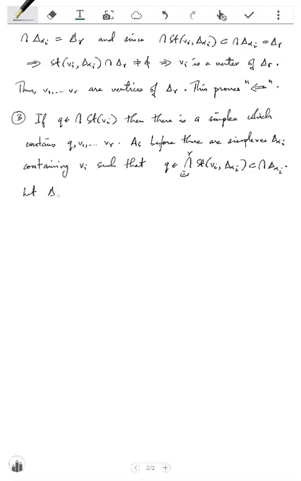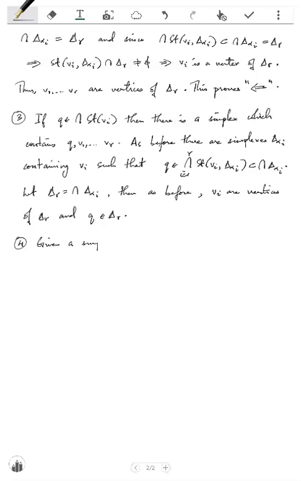So let delta gamma be the intersection of the delta alpha i. Then, as before, the v_i are vertices of delta gamma and q belongs to delta gamma.